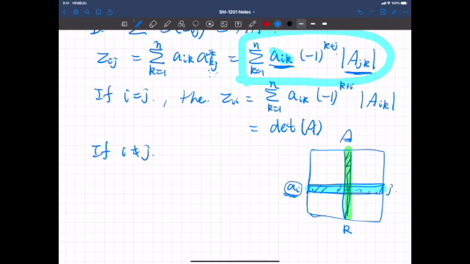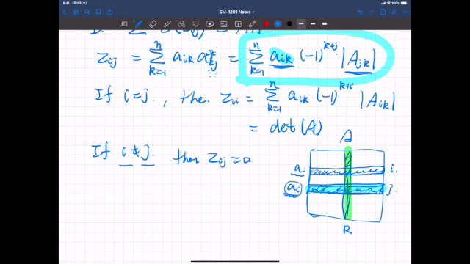Okay, but this i is not equal to j, so the ith row of this matrix also has the same elements, AI. So that means this matrix has two rows that are identical. So that means the determinant of this matrix is equal to 0 because it contains the same row twice. So if that's the case, then Zij is equal to 0.